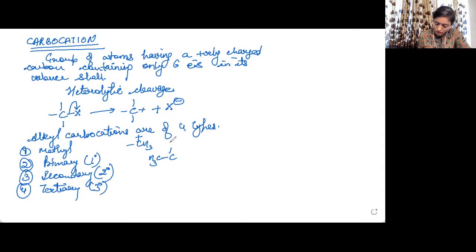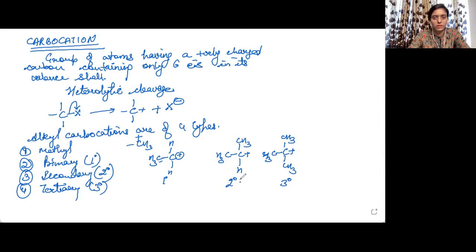In the secondary one, it will have 2 carbons attached to the positively charged carbon. Then 3 carbons attached to the positively charged carbon forms the tertiary carbocation.